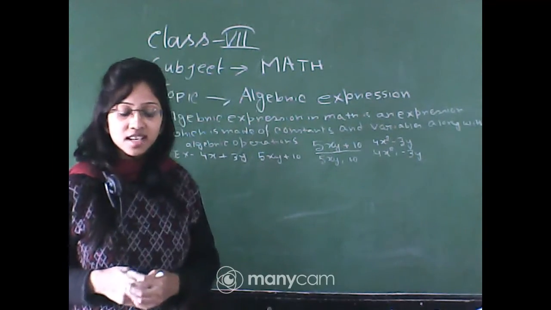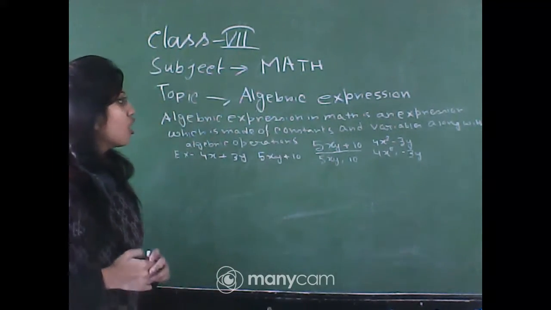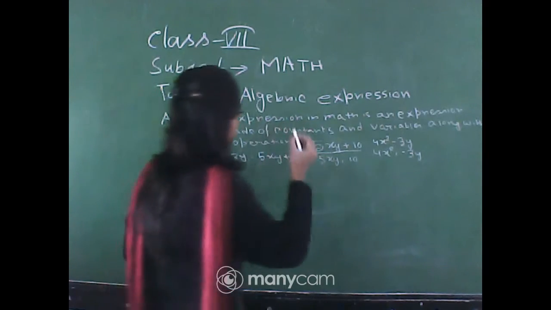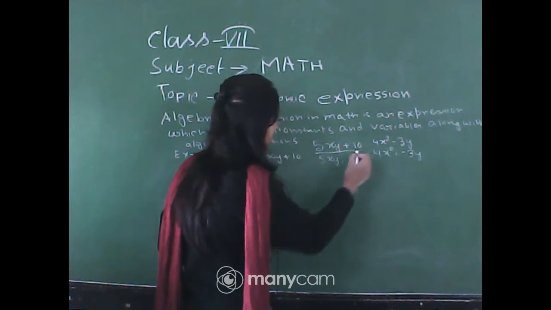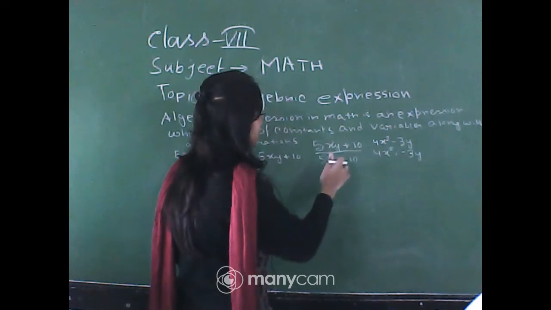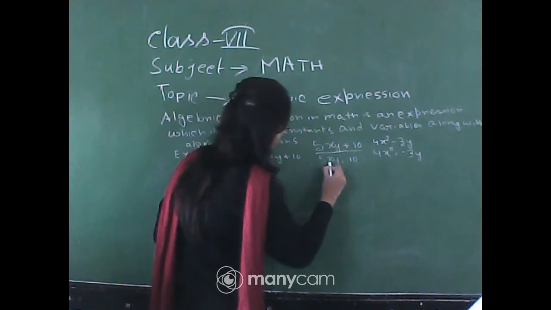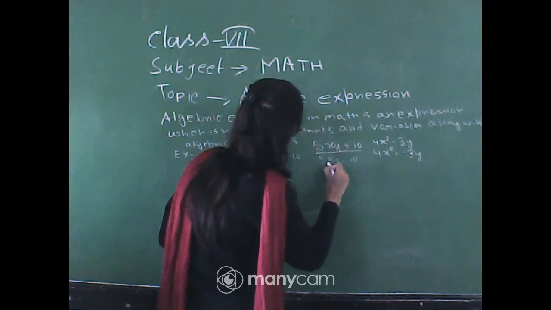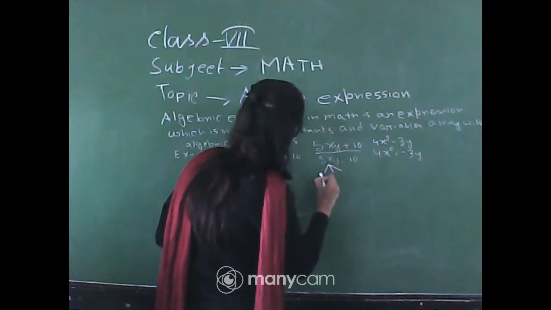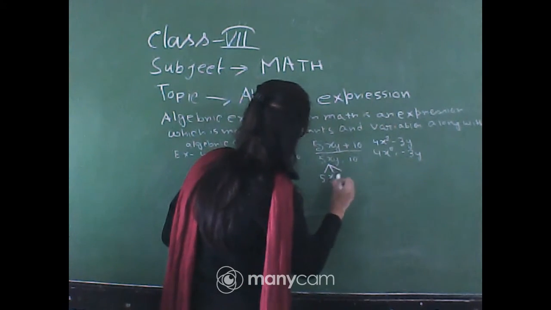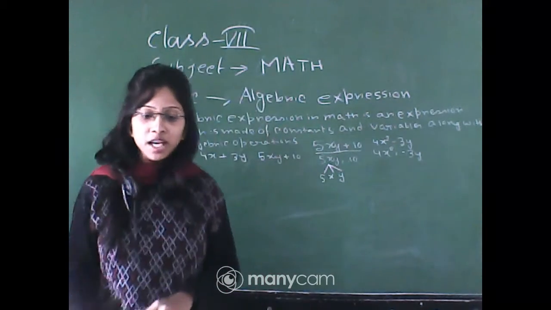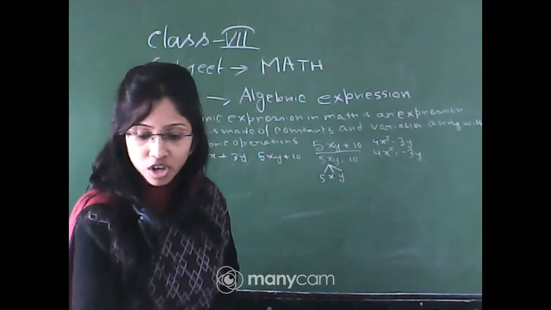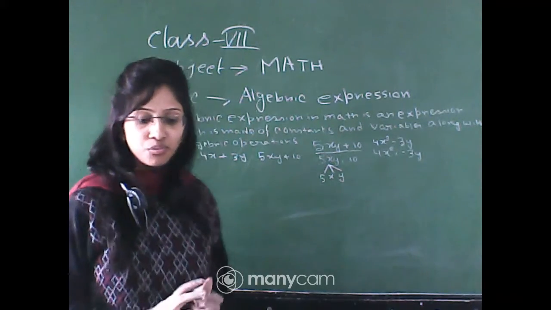Now, we will discuss the factors of the terms. Here 5xy and 10 are the terms of the algebraic expression, and 5xy is the product of 5x and y.